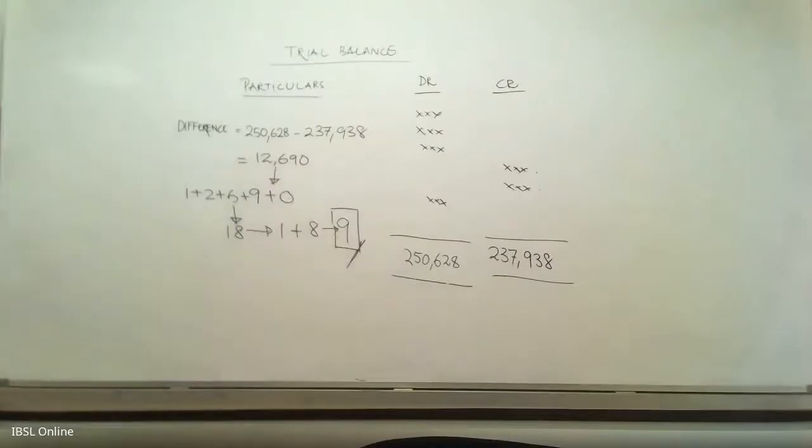If this single digit is number 9, then we call it a transposition error. If it is any other number, from 0 to 8, we are not worried, because that is a different type of error. But if it is number 9, then we call it a transposition error. Okay? So quickly take down this.